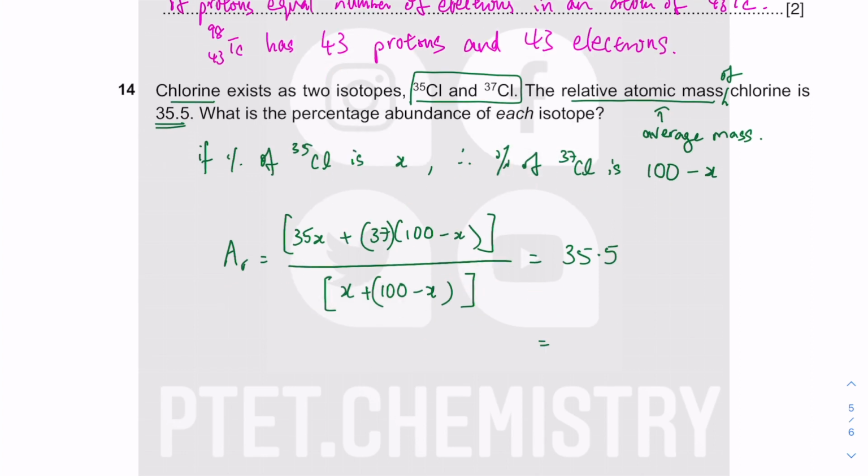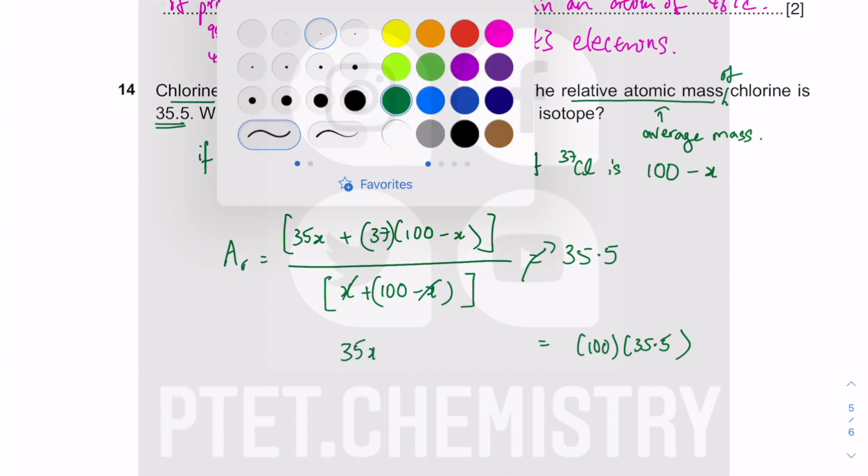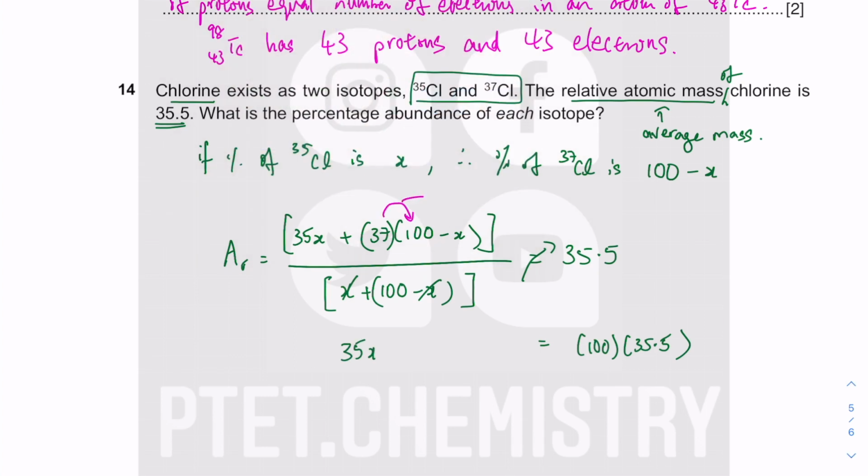Yeah? The X and the X cancel. At the bottom is just 100%. I can bring up the 100 to the top, so it's 100 times 35.5. This is your simple maths. This is expansion. Expansion is something that a lot of people couldn't do properly, especially if they don't use brackets, and brackets are very, very important.